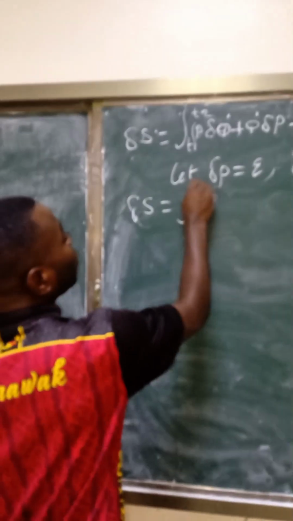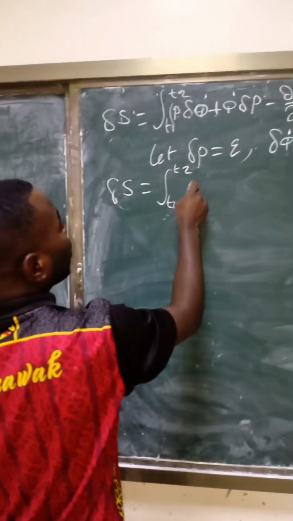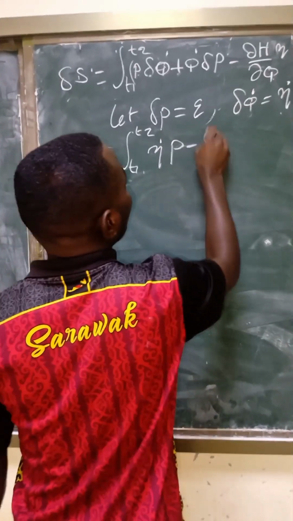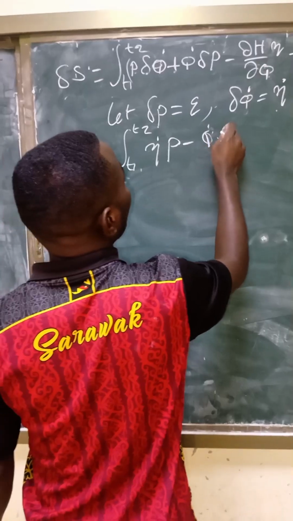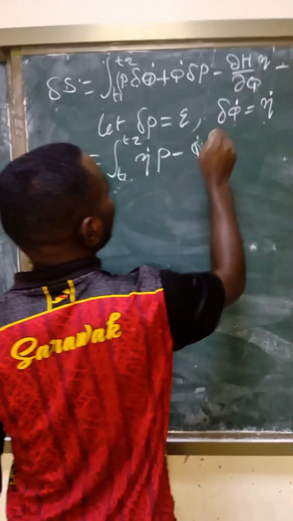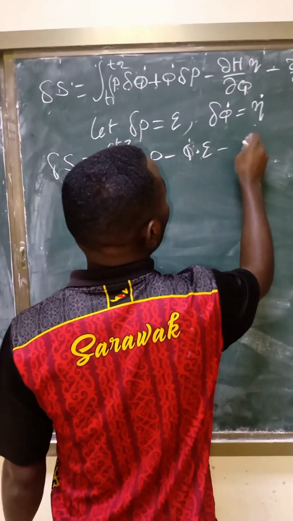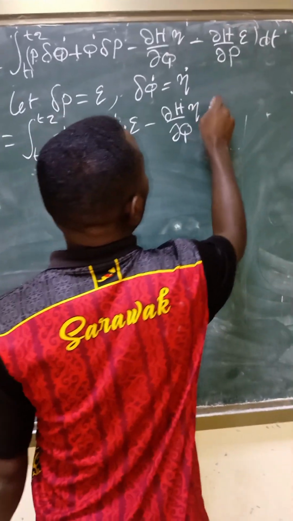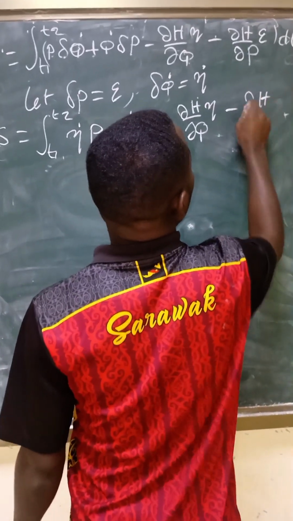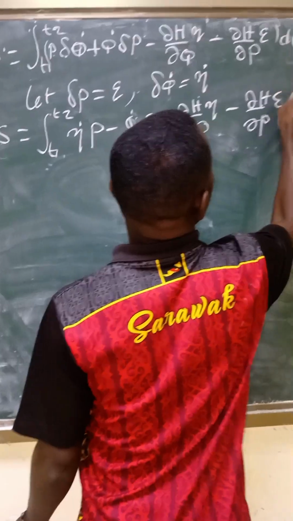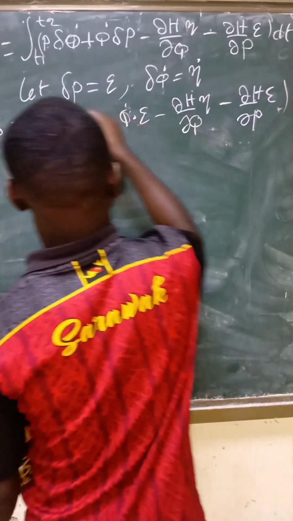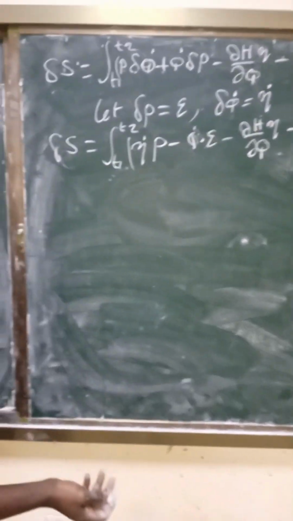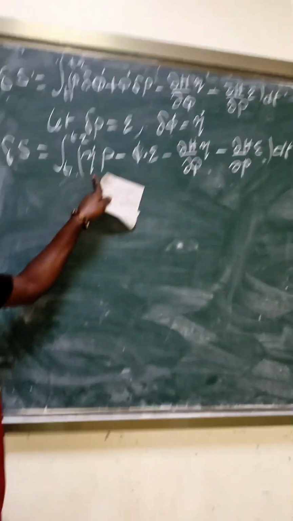This variation of p is theta dot p minus q dot times epsilon, minus partial of H with respect to q times theta, minus partial of H with respect to p times epsilon, dt. What remains? You can see what remains.